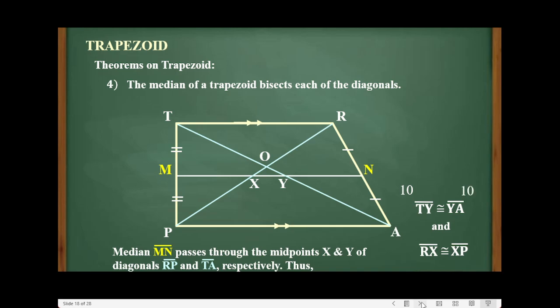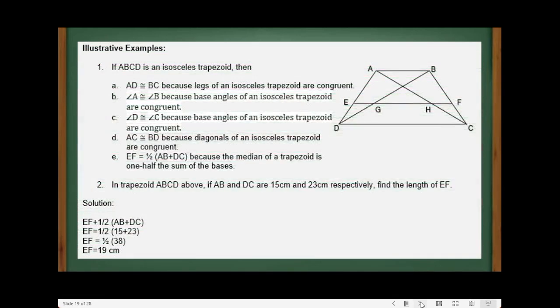Therefore, segment YA is also 10. Now, if segment RX has a length of 8, obviously segment XP is also 8. Now, for our next slide, let us consider this illustrative example.